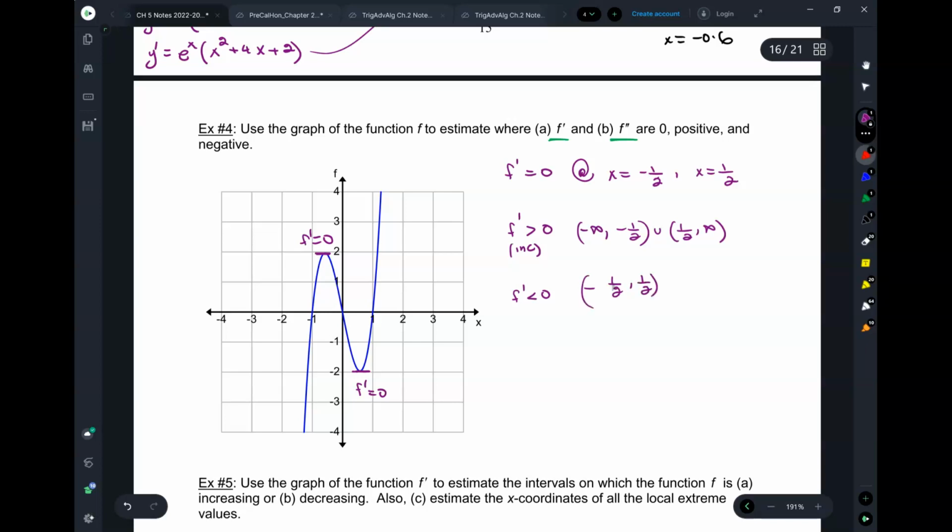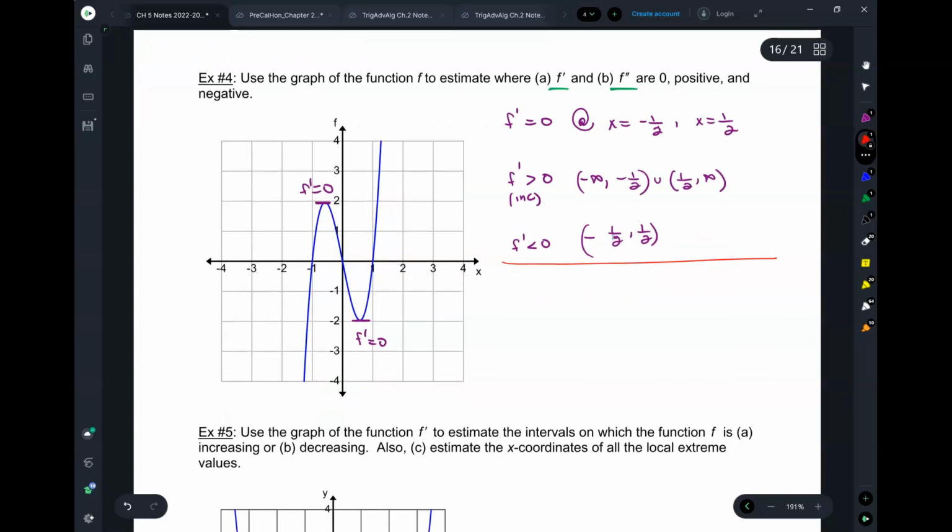Okay, now we want to talk about f double prime. Where is f double prime positive and where is f double prime negative? F double prime positive means concave up. Do you see how we always read left to right? It's concave down here, and then it switches to concave up.